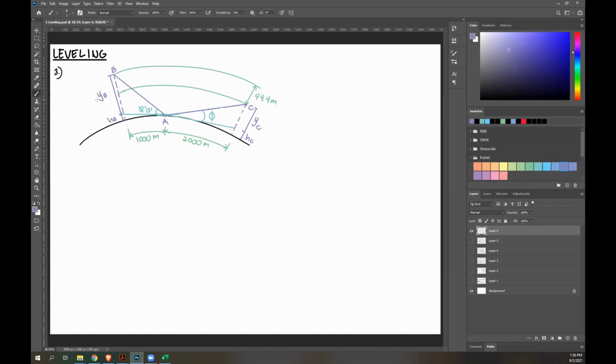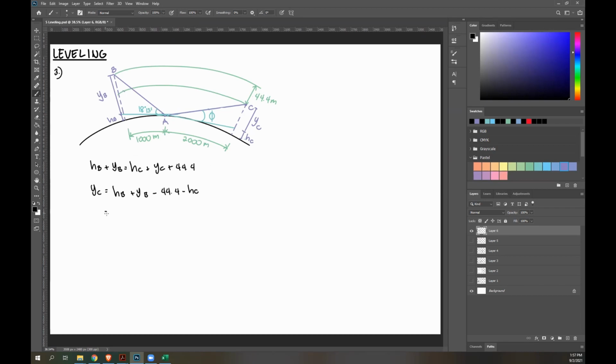So HB plus YB equals, and these two lengths are the same now, HC plus YC plus 44.4. So let's get YC, transpose everything. So YC is just HB plus YB minus 44.4 minus HC.